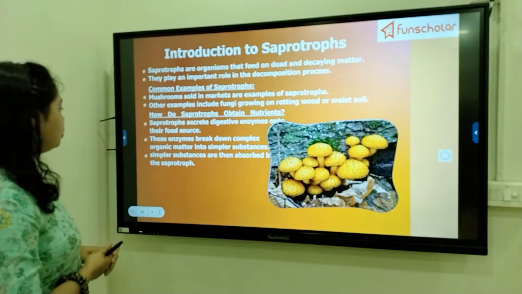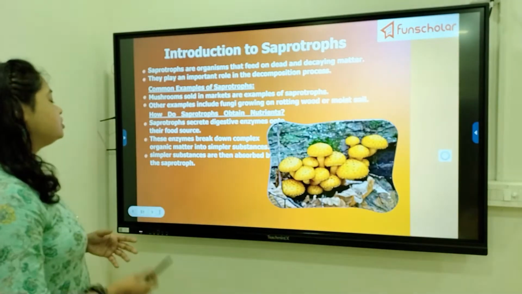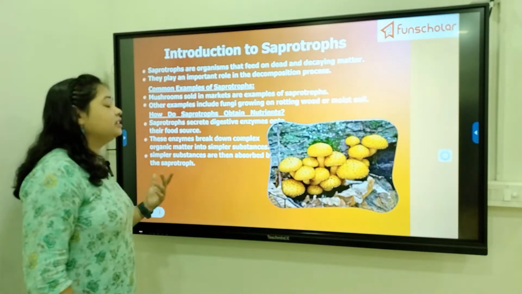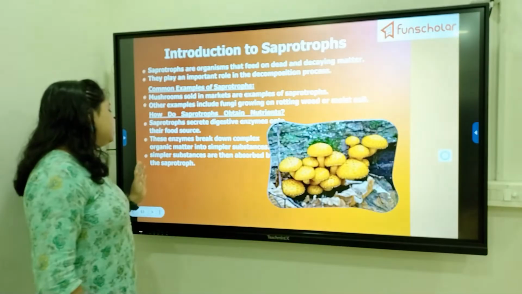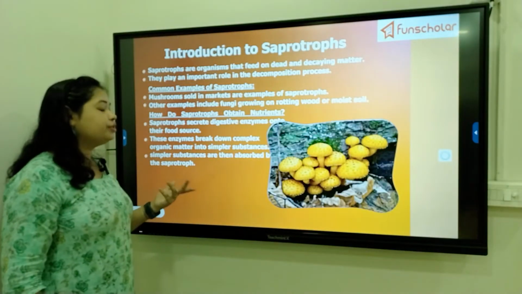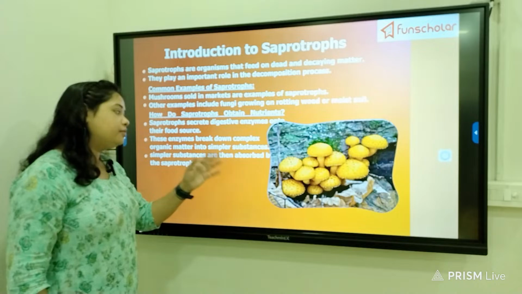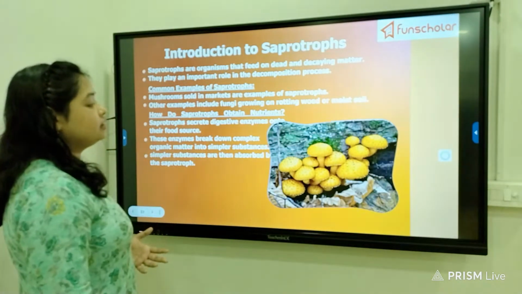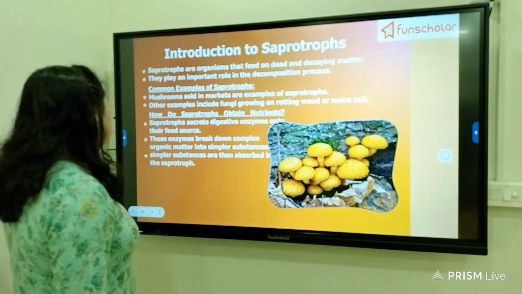And I already told you they help in the decomposition process also, because they break down the complex organic matter of the dead and the decaying substance, and they convert them into simpler nutrient substances, which can be directly absorbed by them and which helps them to get the nutrition that they are looking for.